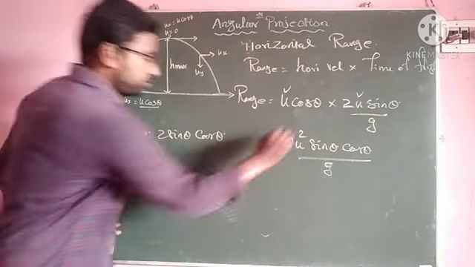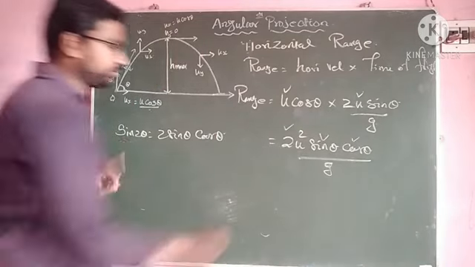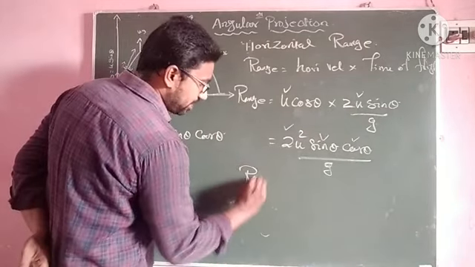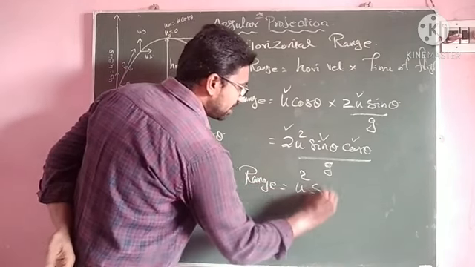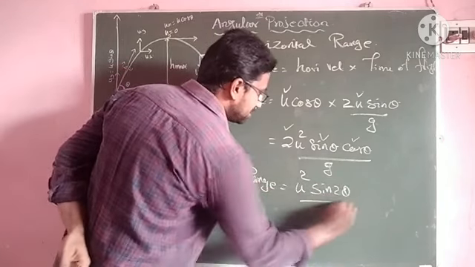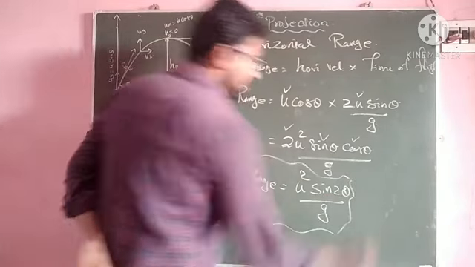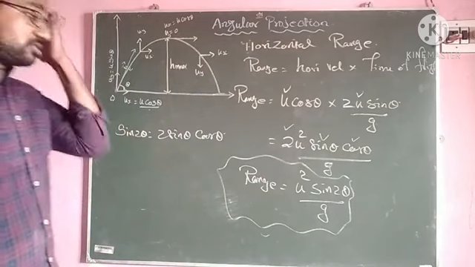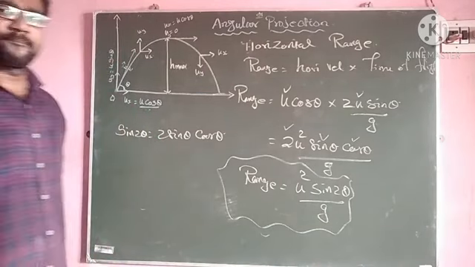So here 2 sin theta cos theta can be replaced by sin 2 theta. So the horizontal range equals u square sin 2 theta divided by g. Very important expression, students. The horizontal range R is equal to u square sin 2 theta divided by g.